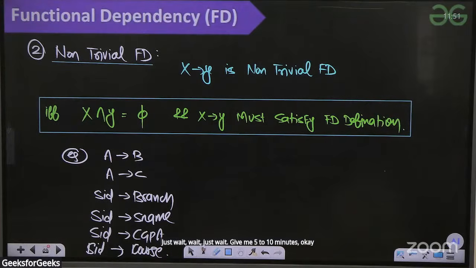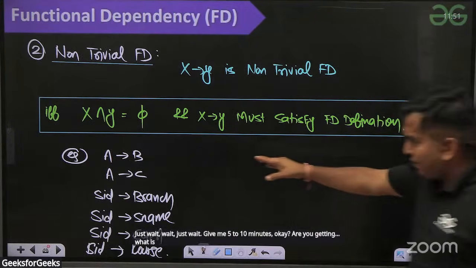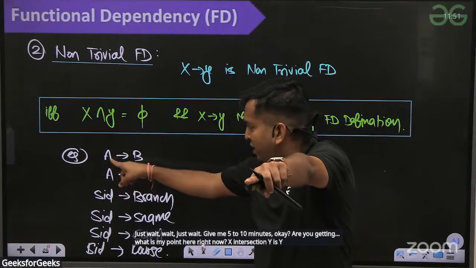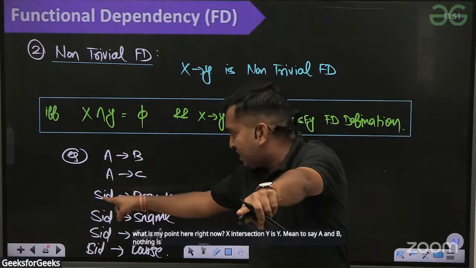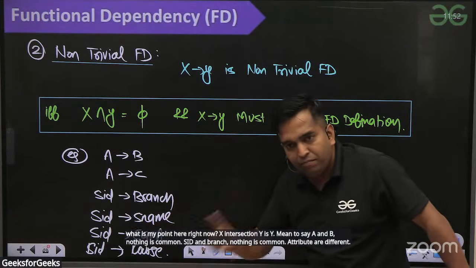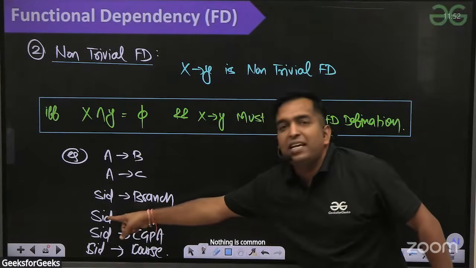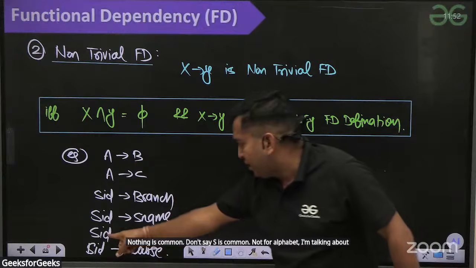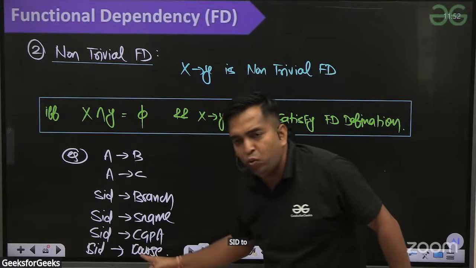What is my point here? X intersection Y is phi. Meaning A and B nothing is common. SID and branch nothing is common. Attributes are different. SID and S name nothing is common. Don't say S is common, I'm talking about attributes, not alphabets. SID to CGPA, SID to course.